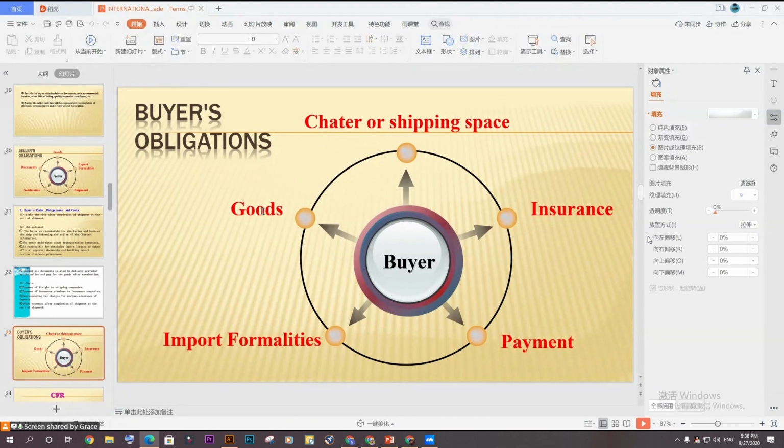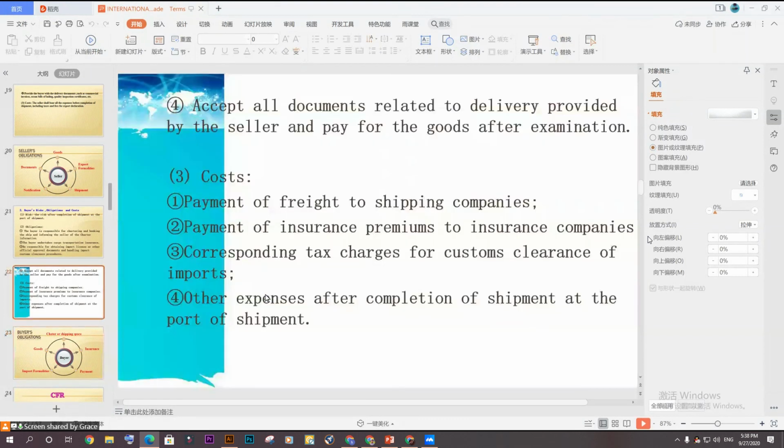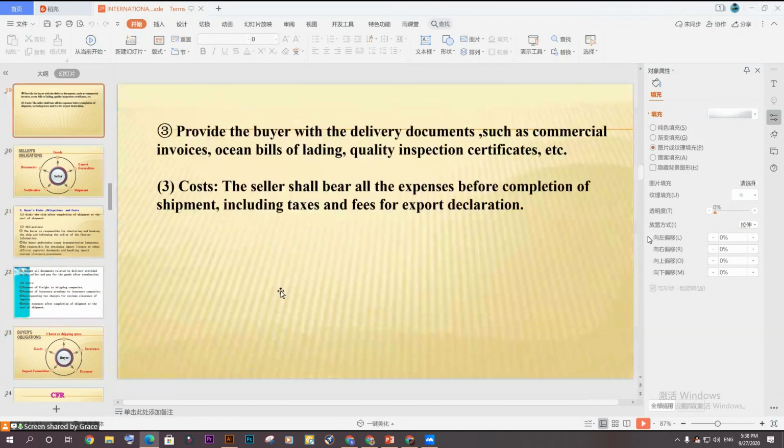And the last one is the goods. That means the buyer should accept the goods, because they buy the goods, and when the goods arrive, they should accept them. So these are the buyer's obligations, and this is FOB.